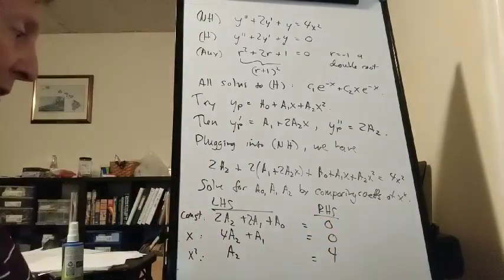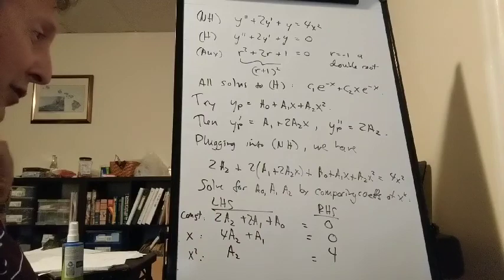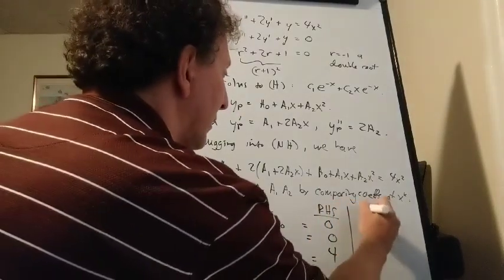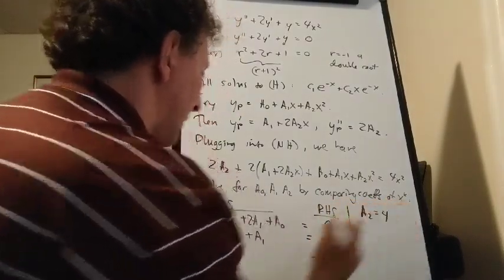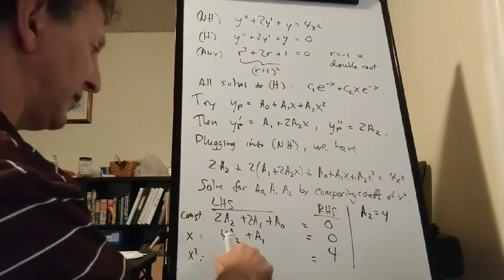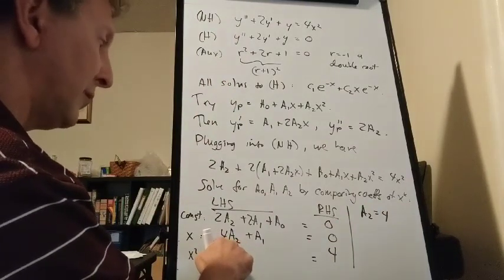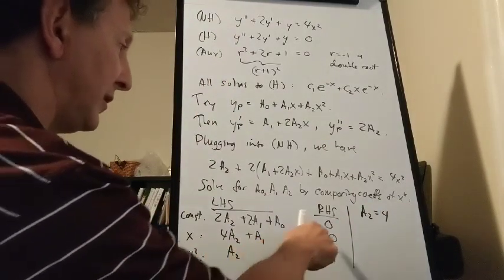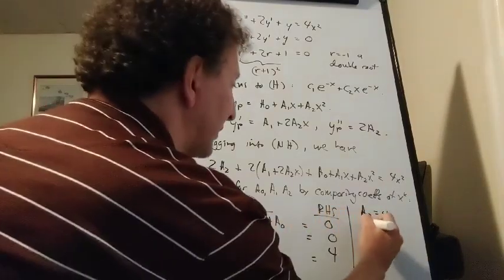So we have these three equations. The last one tells us a2 equals 4. And then the second one tells us, well, 16 plus a1 equals 0. So I guess a1 is negative 16.